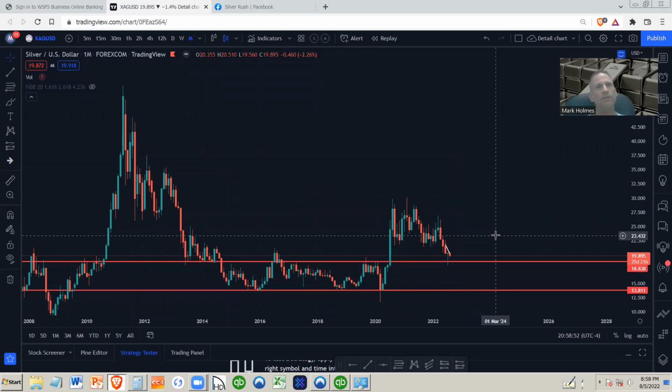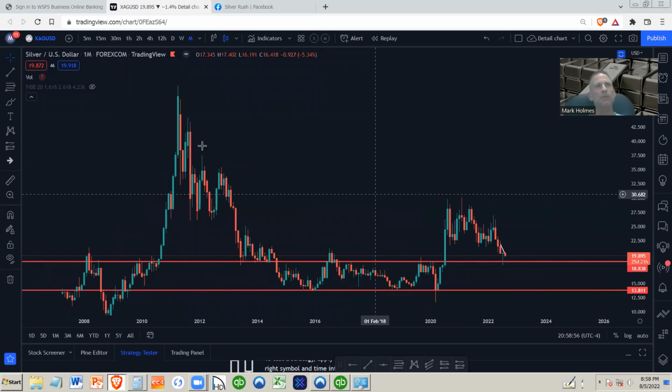Now, one of the things to notice, and this isn't the clearest or the prettiest pattern, is that the price action runs down from this big candle here. We've got lower lows, and then it kind of rounds off at the bottom. So it kind of looks like a cup.